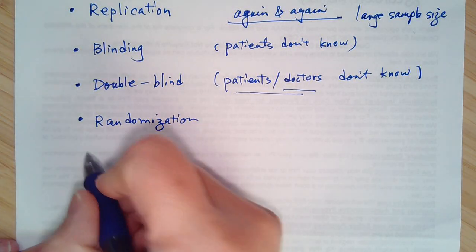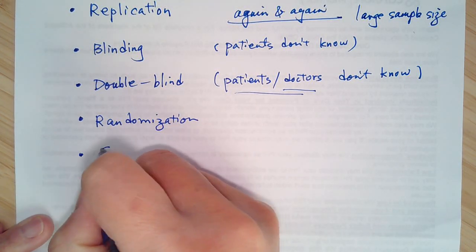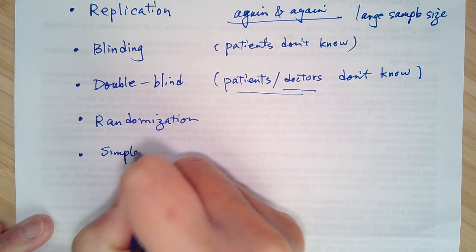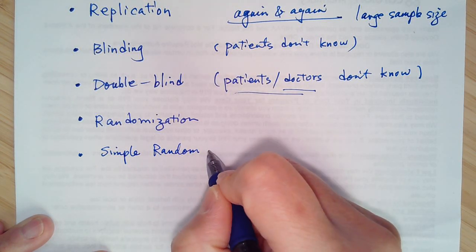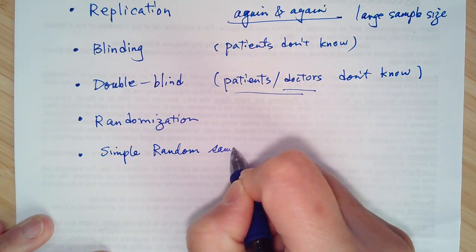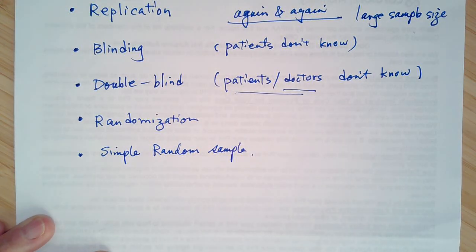All right, now what about this one? Simple random. We just talked about this. Simple random sample. A simple random sample is a sample of n people or n subjects selected in such a way that every possible sample of the same size n has the same chance of being chosen.